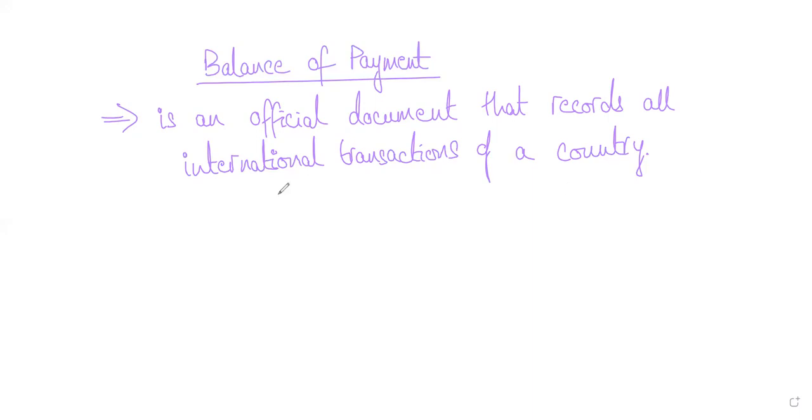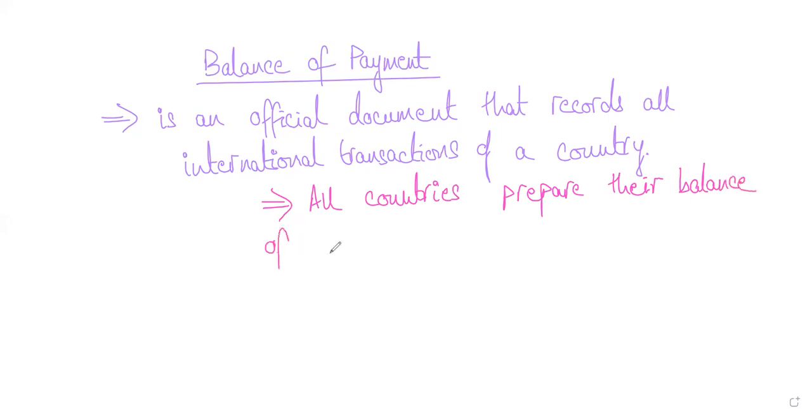And all countries, if I have to include that over here, all countries prepare their balance of payments in the same prescribed format, right? And who has prescribed this format?